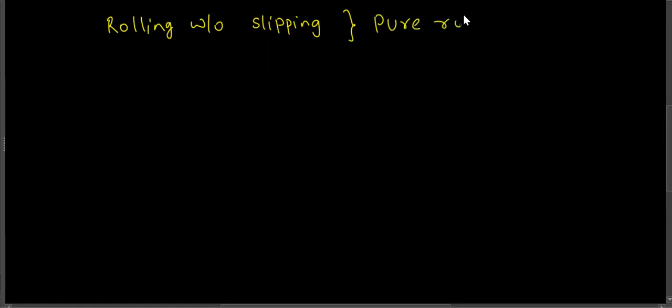Now, let us understand there are two types of rolling without slipping. Rolling without slipping is also known as pure rolling. Now, this pure rolling can be of two types. One, the velocity of the center of mass is constant.